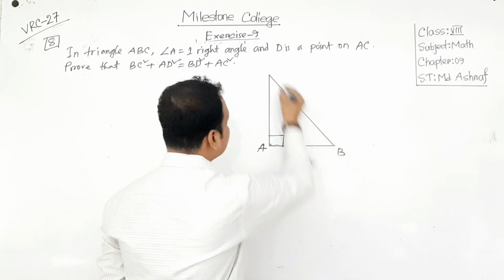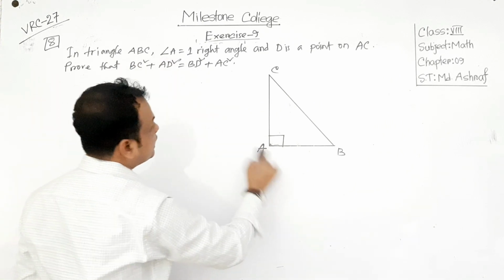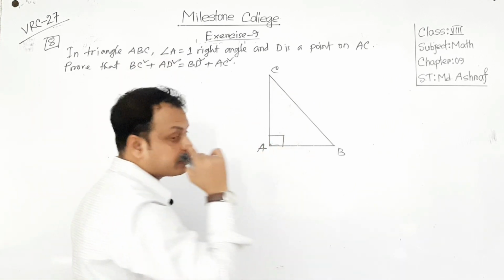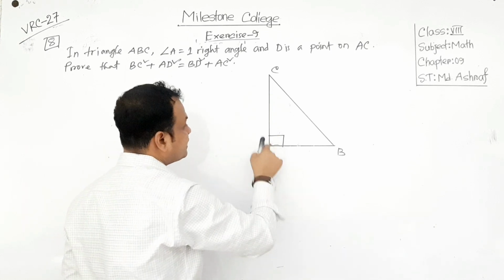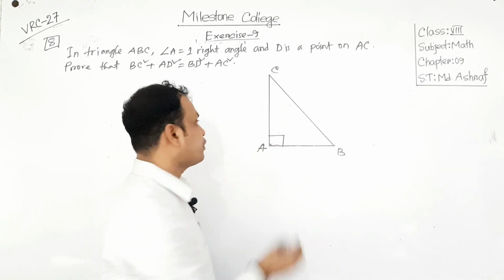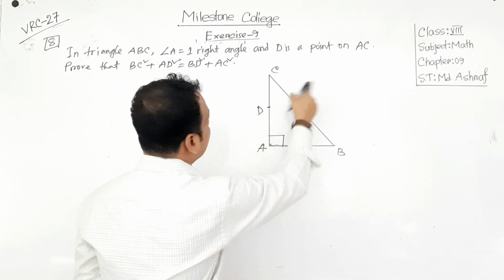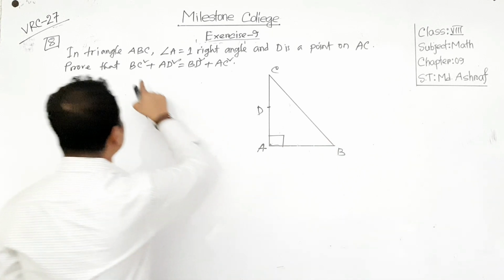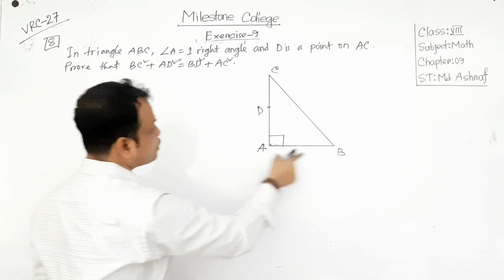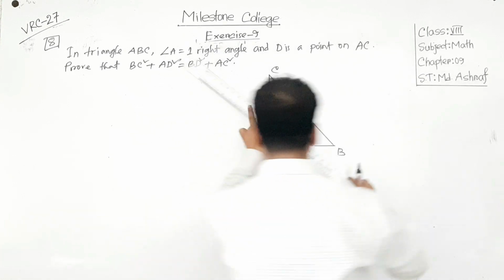This is B, this is C. So we have got a triangle ABC where angle A is a right angle. Now D is a point on AC. So on that side AC where D is a point, it may be the midpoint, it may be any other point. So suppose this point is D on AC. Okay. So BC square plus AD square, BD square. So we need BD. So we will join B and D. Then what will you get?